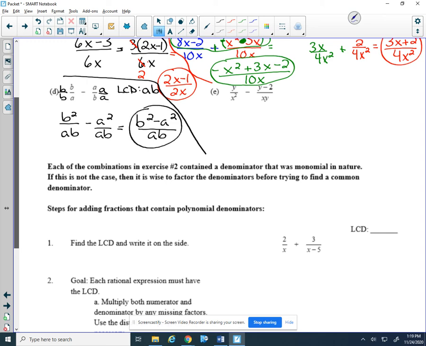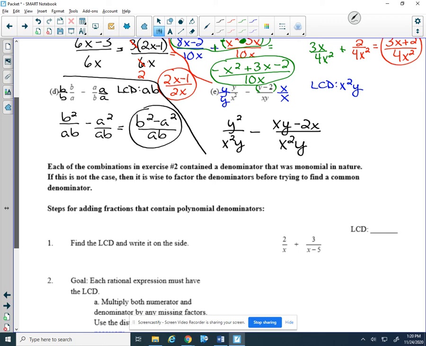So the last one, my LCD is x squared y. My first fraction is missing the y. My second fraction is missing the x. We do have some distribution here. In my first one, I don't, though, because it's just y times y. So y squared over x squared y minus, here we'll distribute, xy minus 2x over x squared y.